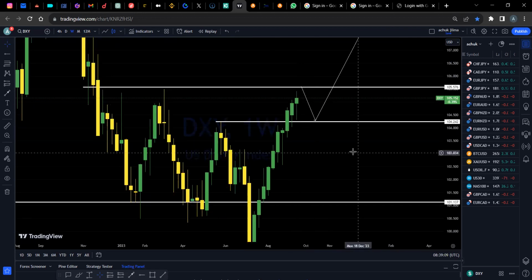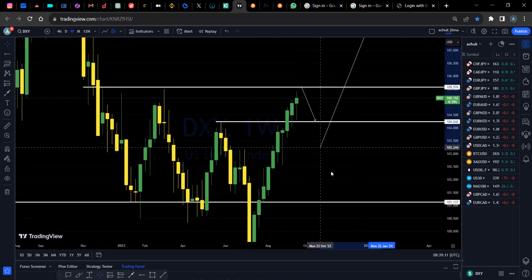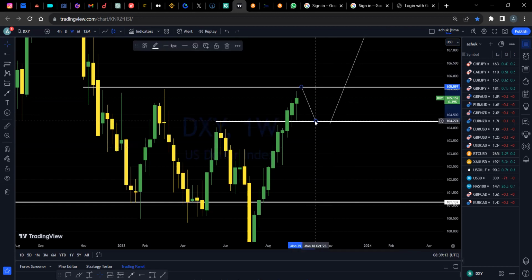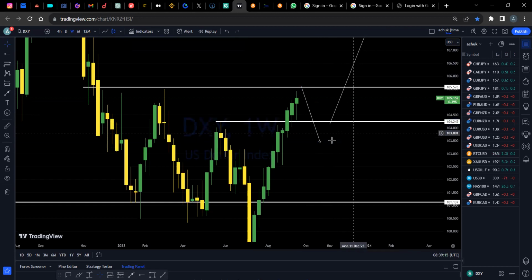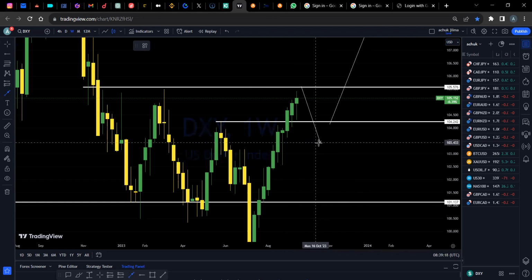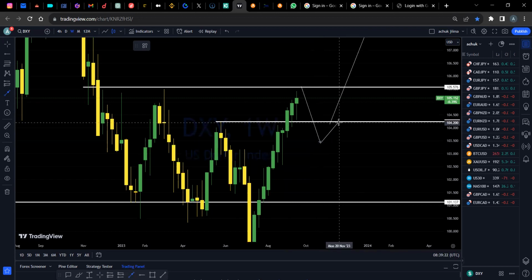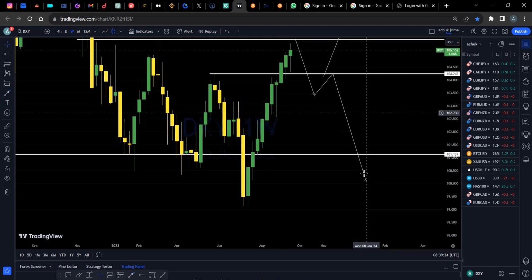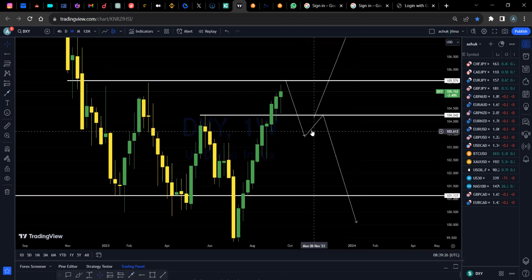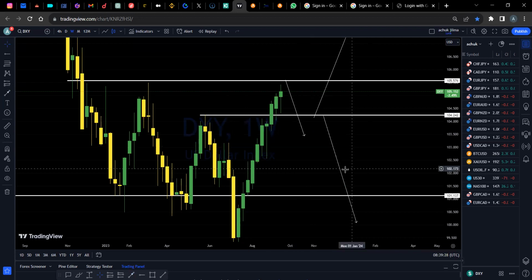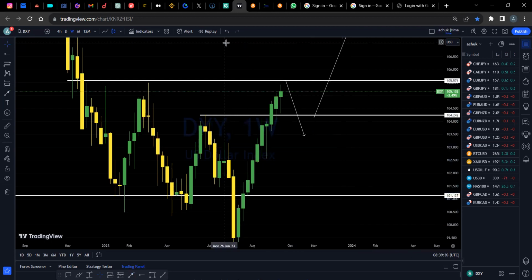Or if that doesn't happen, maybe the market will just break, and then from there, we see this retested, and then we further come down to the lows. So these are the scenarios we have. We shall keep monitoring the market and see what is likely to happen.